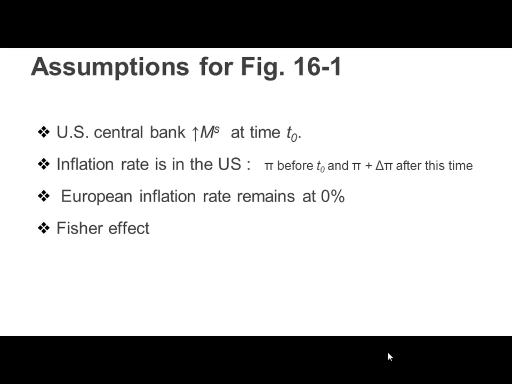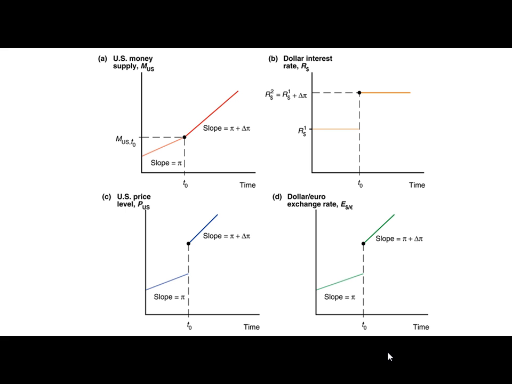Okay, so there are 4 diagrams. The one on the top left is the US money supply. The one on the top right is the dollar interest rate. The one on the bottom left is the US price level, and the one on the bottom right is the dollar-euro exchange rate. All the diagrams have in common the x-axis, which is time, and t0 is denoted there.